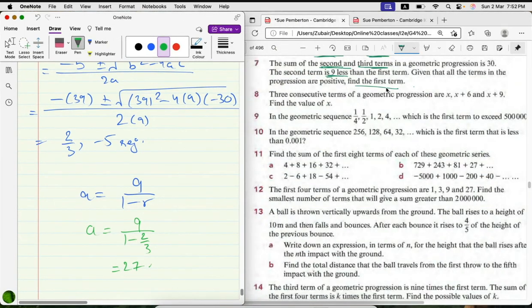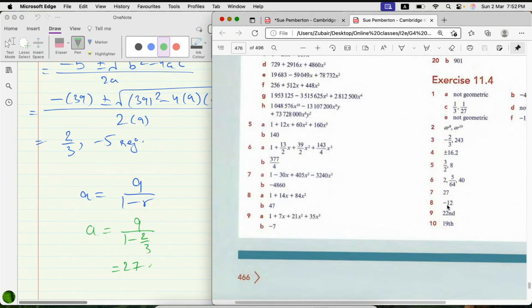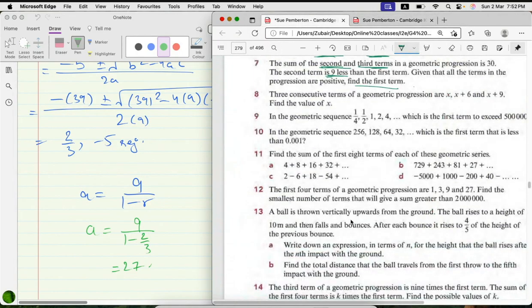Question number 7, find the first term: 27. Clear? So basically, the important thing is that we read the question and write the first equations correctly, and then it is just simplification. Okay, try number 8.